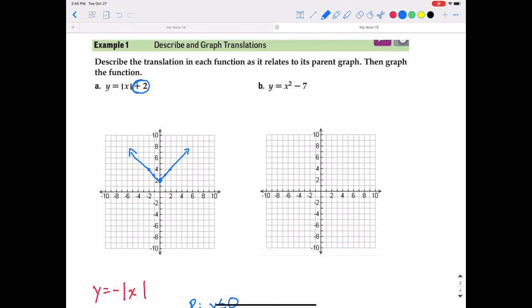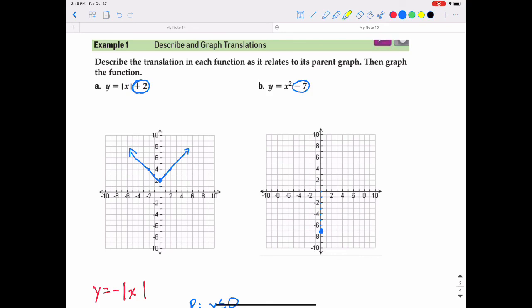Part B is y equals x squared minus 7. So that minus 7 is also not grouped with the x. Okay, it is off to the side, it is off behind it. So that means it is also another vertical shift, and that is going to be vertical shift down 7 units. So from the origin, I'm going to count down 7 units. And this is where the vertex of my graph is going to be.